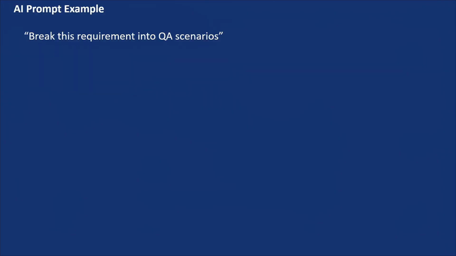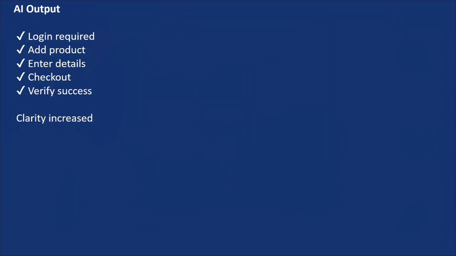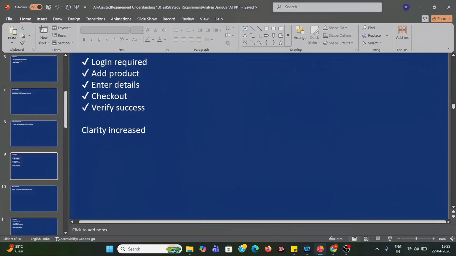We just give a prompt: break this requirement into detailed QA scenarios, that is user completes checkout in SauceDemo. Now AI will expand it like login required, add product to cart, enter user details, complete checkout, and verify success message. So now clarity will be increased instantly. Let me show you this.